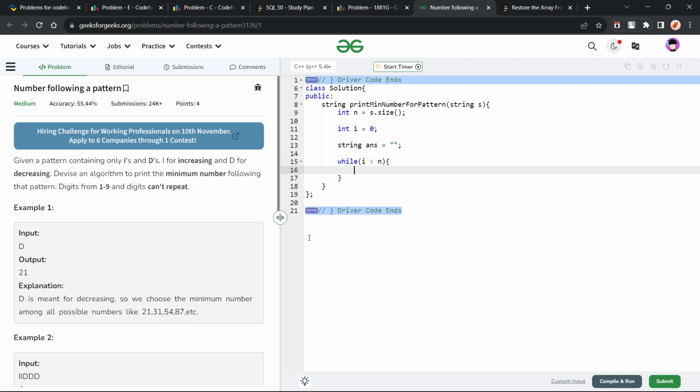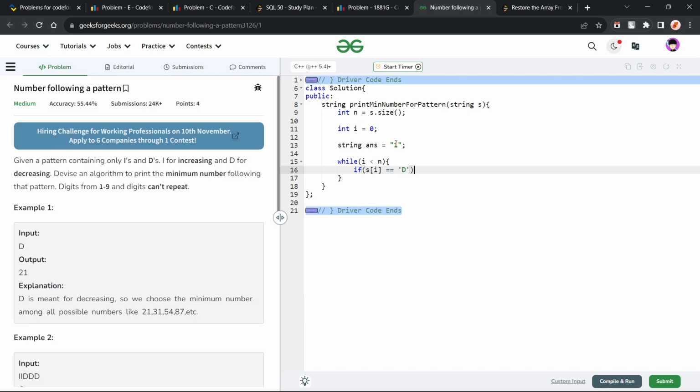So what I can do here is, I can place 1 here. If S of I is equals to D, right?